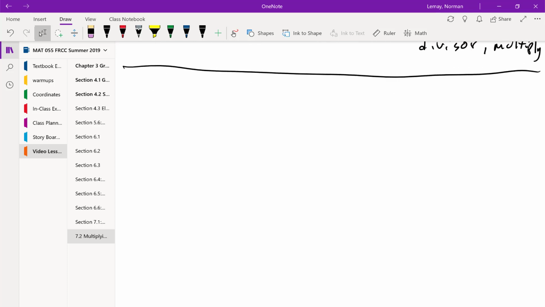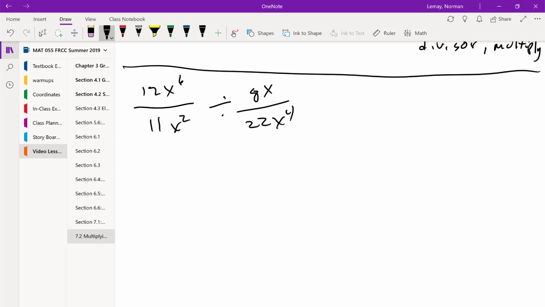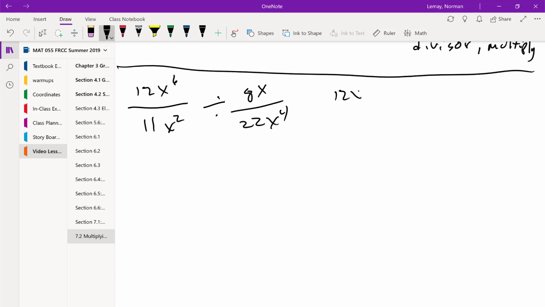All right, so let's take a look at 12x to the 6 over 11x squared divided by 8x over 22x to the 4th. So here we have a rational divided by a rational. So this is going to become 12x to the 6 over 11x squared times 22x to the 4th over 8x.